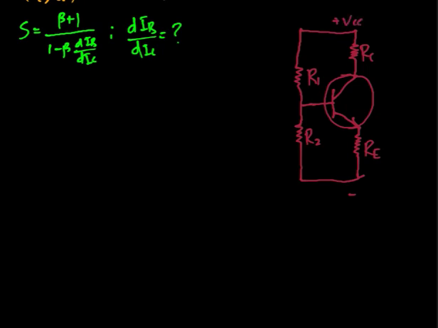So now we are going to replace the input part, that is this part of the circuit, by its Thevenin equivalent. So for that I am rewriting the input part alone here.